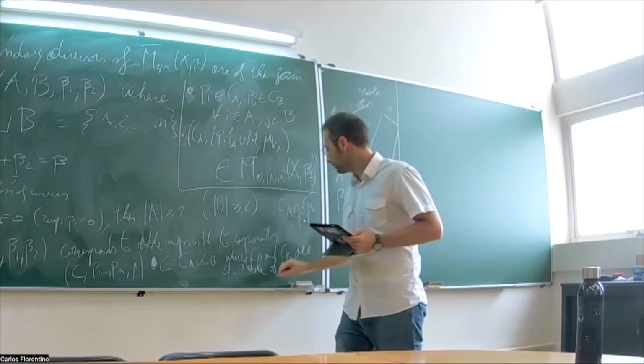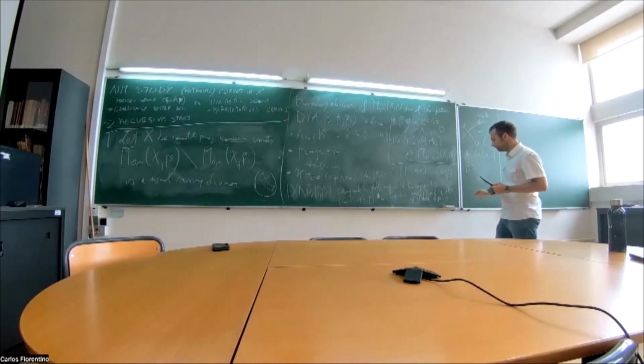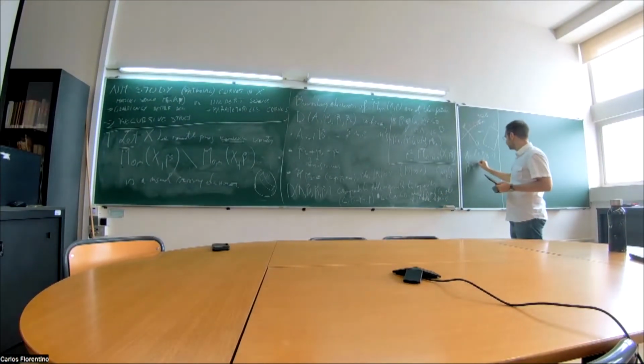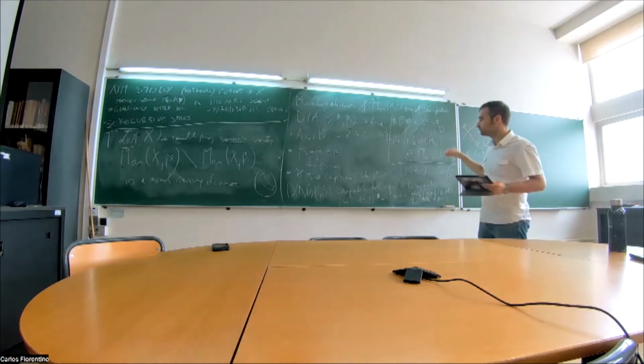B has the other marked points. And the image of CA is a curve of class beta 1, and the image of CB is a curve of class beta 2. And the sum is beta.